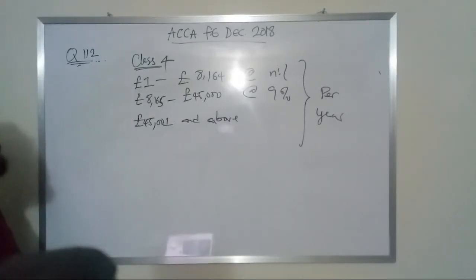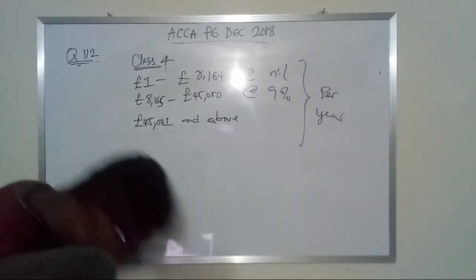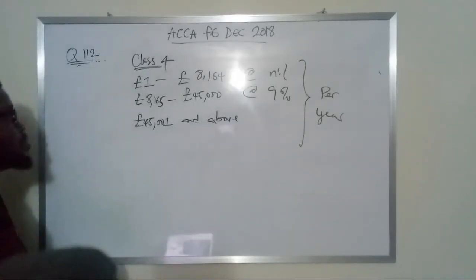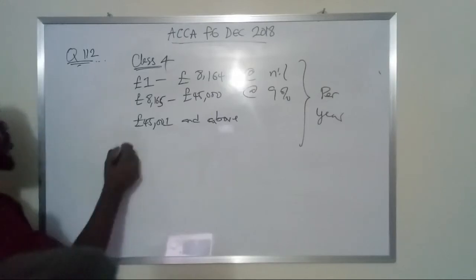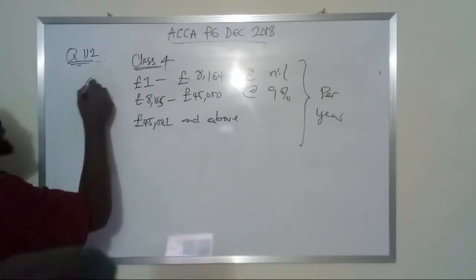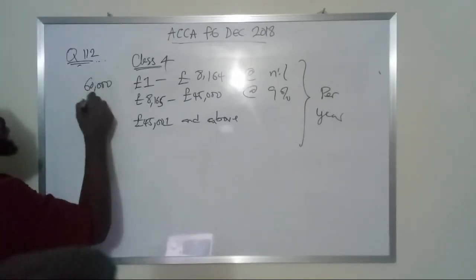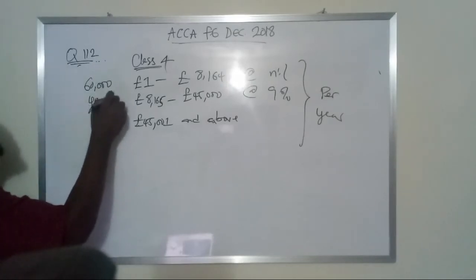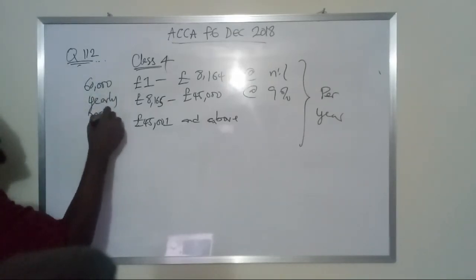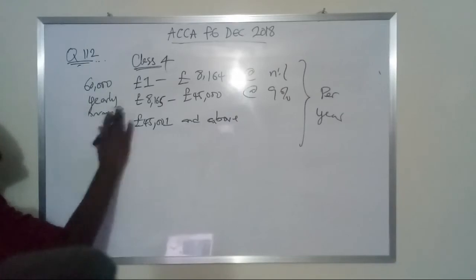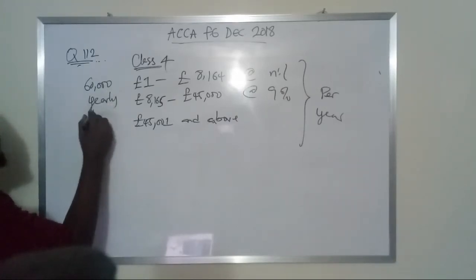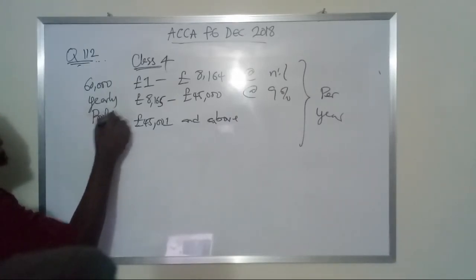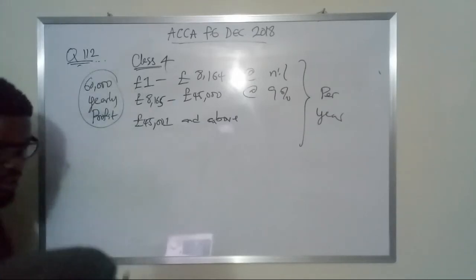So when you have a yearly profit of, let's say, 60,000. Not yearly income, yearly profit, because self-employed income is related to profit.